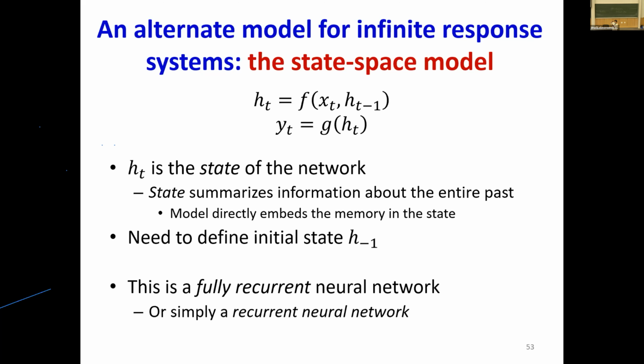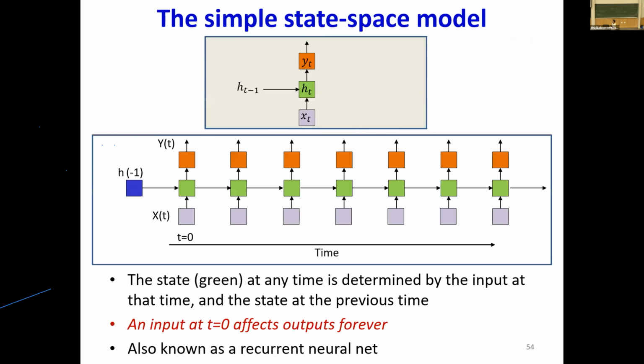Now, if I were to illustrate this pictorially, it's going to look something like this. The figure on the top shows the basic unit. You have the input xt going in at any time. The hidden state ht is a function of xt and the hidden state at time t minus 1. The output is a function of ht.